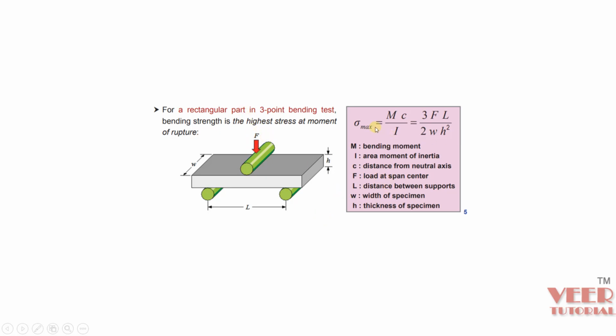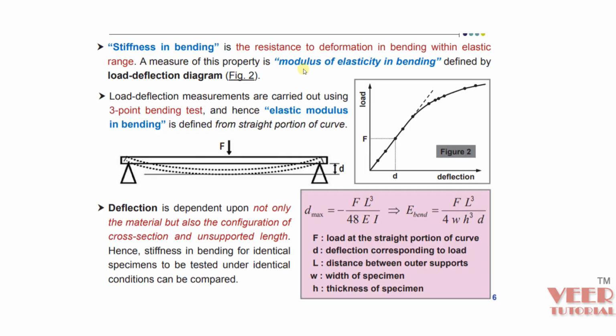And this is the calculation if we want to do the hand calculation for this type of problem. Here we can see the maximum bending stress. Generally, for this type of test, we get the maximum value of deflection using this formula, and this is the maximum bending energy.